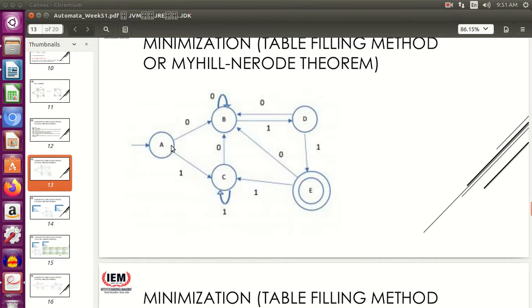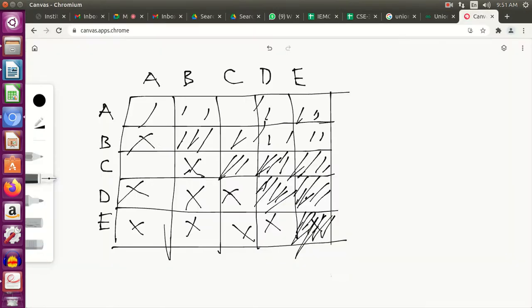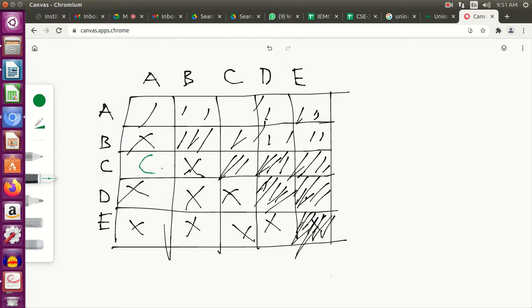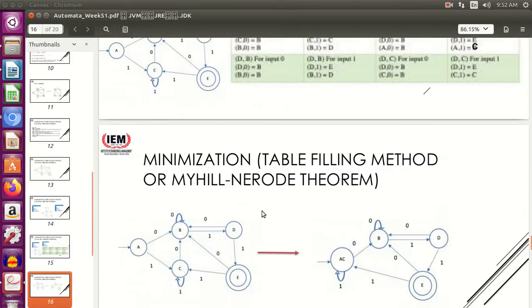So therefore the pair AB is also marked. Okay, ma'am. The only unmarked state over here is AC, and that is the state we are going to combine in our minimized DFA, to get the minimized DFA, and that is exactly what we have done.